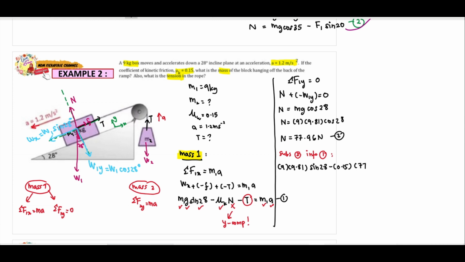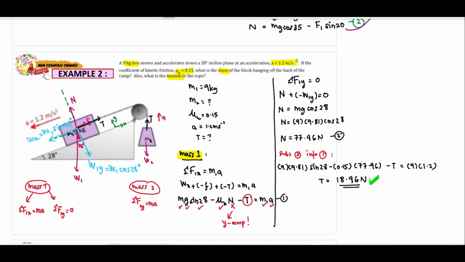Normal kita dah cari. Okay, apa lagi? Minus T. T nak cari. Equal to M1A. A soalan dah bagi 1.2. Daripada sini, kita hanya tinggal satu saja unknown. So, selesaikan, kita akan dapat T is equal to 18.96 Newton. Okay, so inilah jawapan kita.